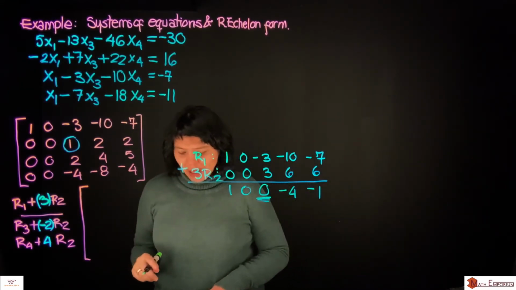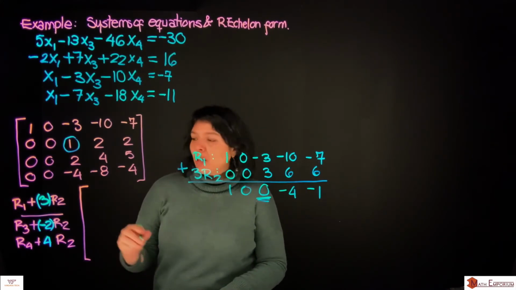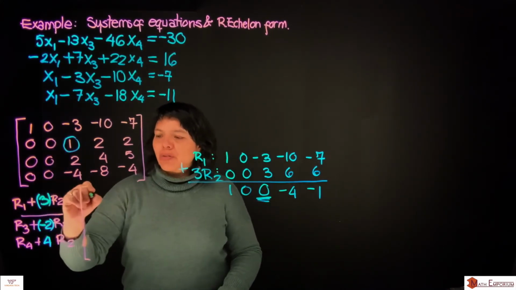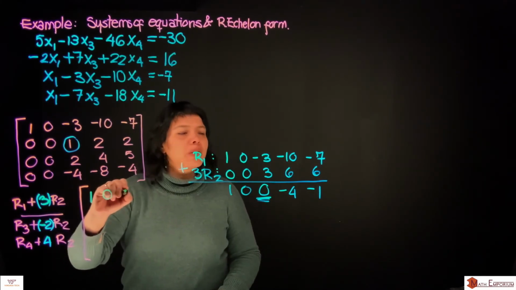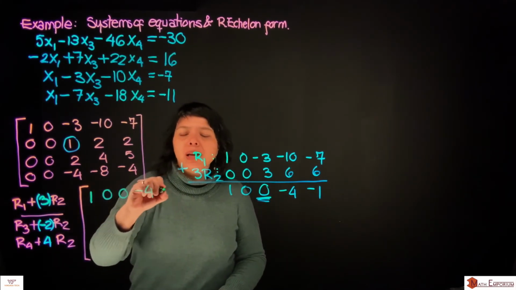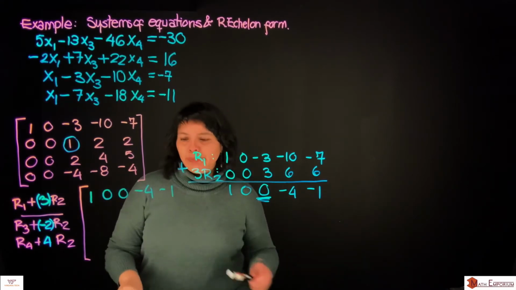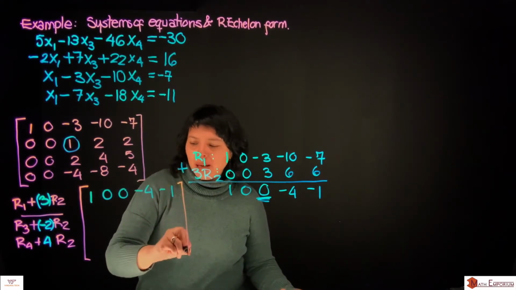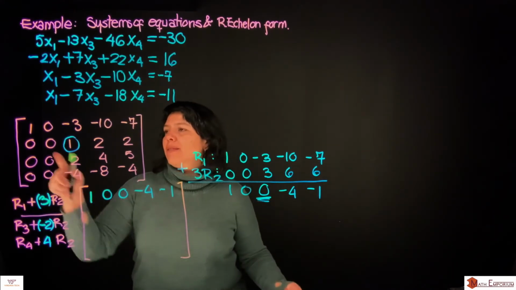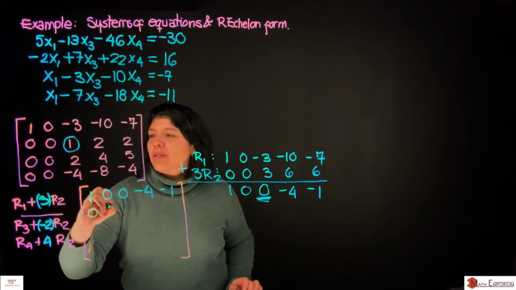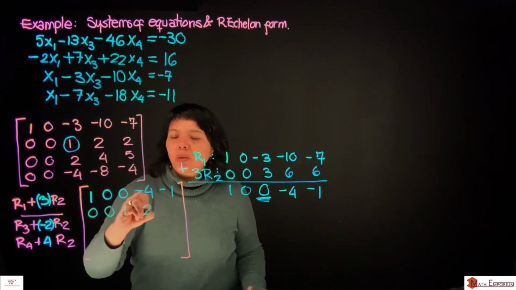So that means that my new first row is going to be 1, 0, 0, negative 4, and negative 1. The second one, we said we don't do anything, so I just copy that, 0, 0, 1, 2, 1, 2.